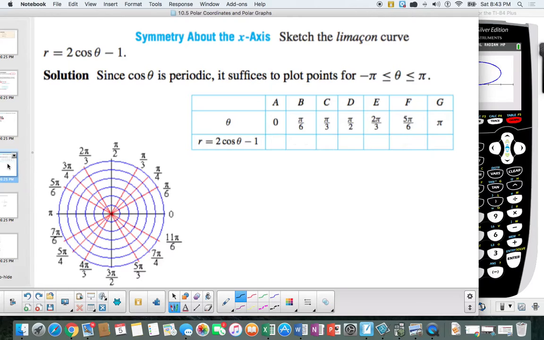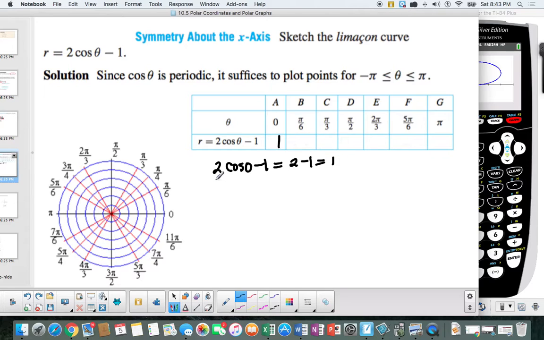Okay, now I'd like to talk about actually graphing without using the calculator. So what we're going to do is it says to graph from negative pi to pi. We'll graph from 0 to pi. Take a look at it. I'm going to substitute the theta value. So this will be 2 cosine 0 minus 1, and that answer will be 2 take away 1, which is 1.